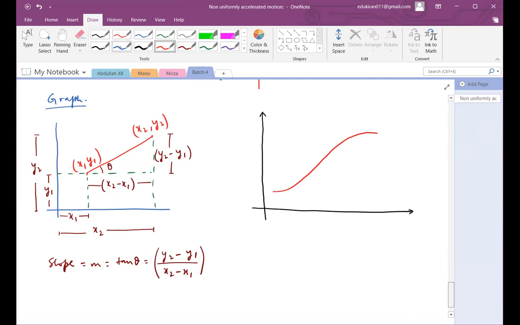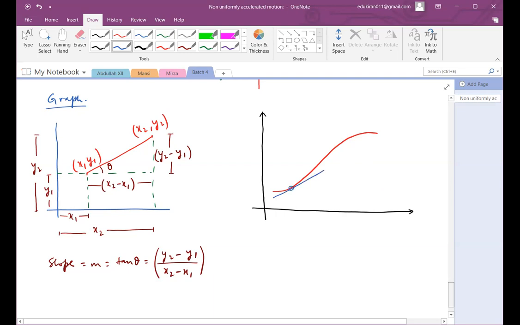Now, suppose you have any curve for which you have to calculate the slope. For any curve, it will be based on a variable function, so we can't calculate the slope using this. To define the slope for any curve, just draw a tangent at that particular point of contact.